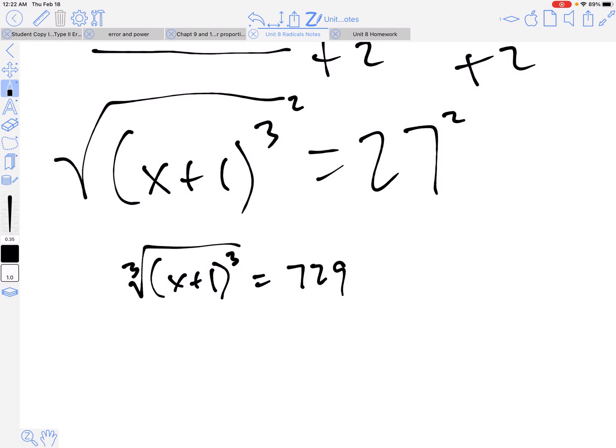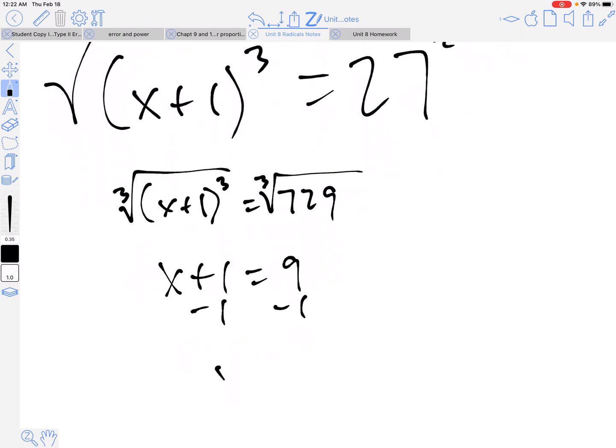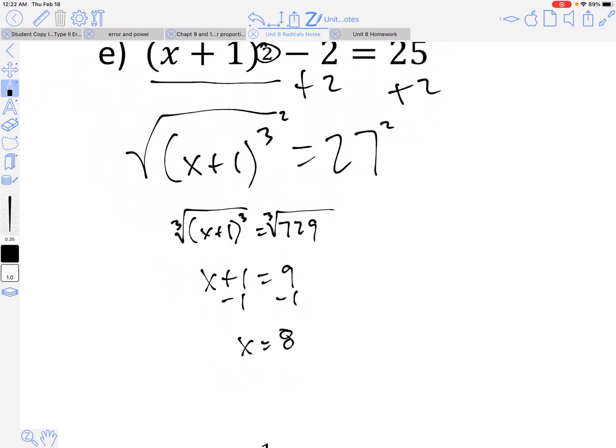Take the cube root to get rid of the cube, and then we'll be left with x plus 1 equals, and we got to see if we can take the cube root of 729, which we can, it's 9, then we're going to subtract 1. And I already checked it, but you can go back and check and make sure that it's good.